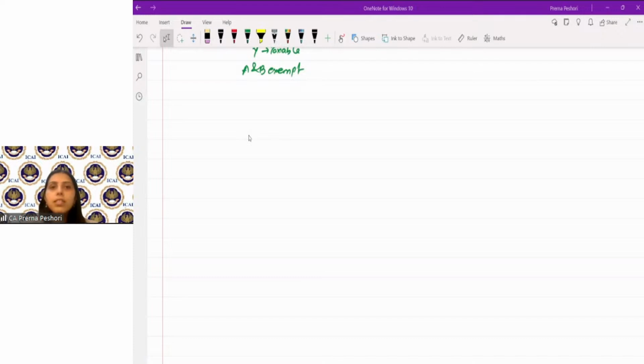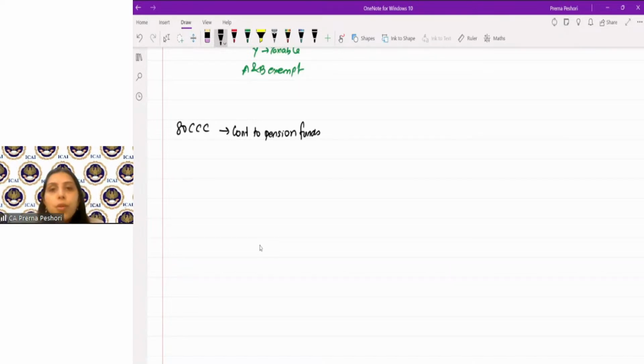We move on to the next deduction, which is in the context of 80CCC, right? 80CCC, which is deduction in respect of contribution to the pension funds.